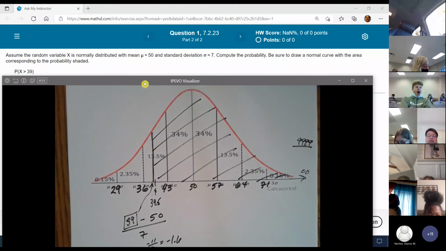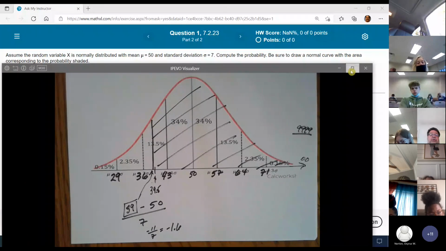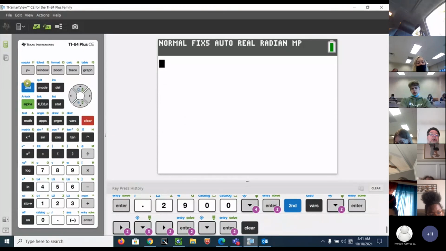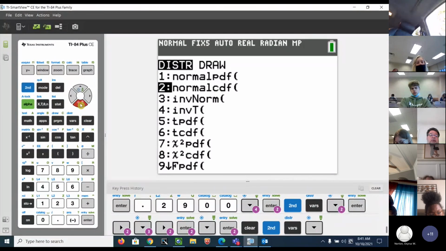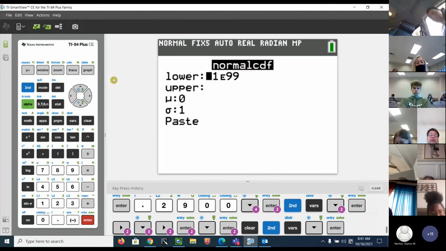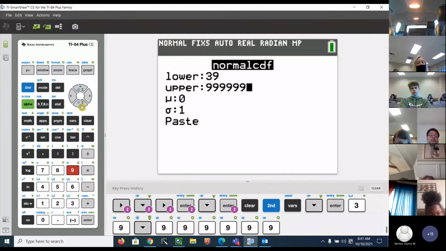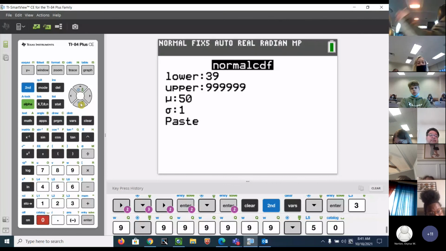So take your handy dandy calculator. If you have a newer calculator, you can actually hit second bars. You can put in the mean and standard deviation, and you don't have to calculate anything. So from 39 to 9999 with a mean of 50 and a standard deviation of 7.